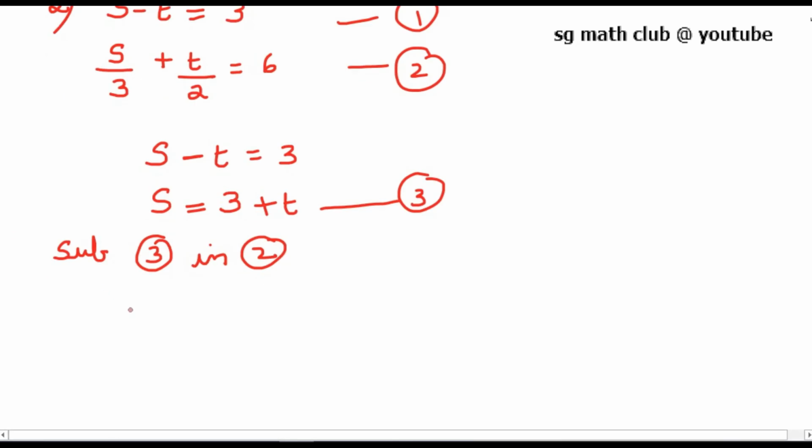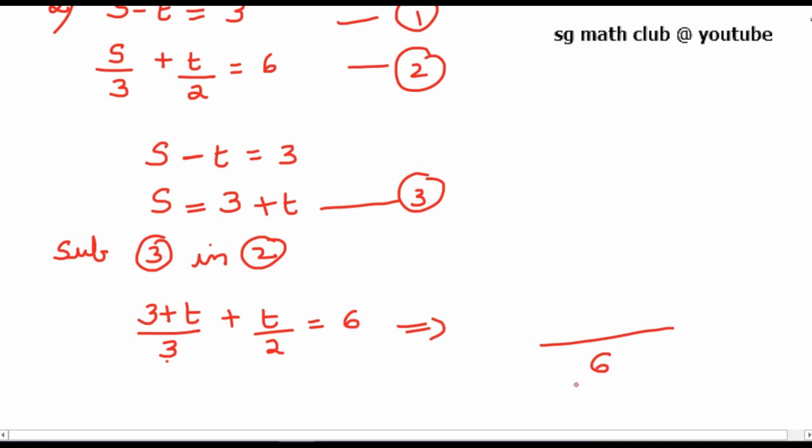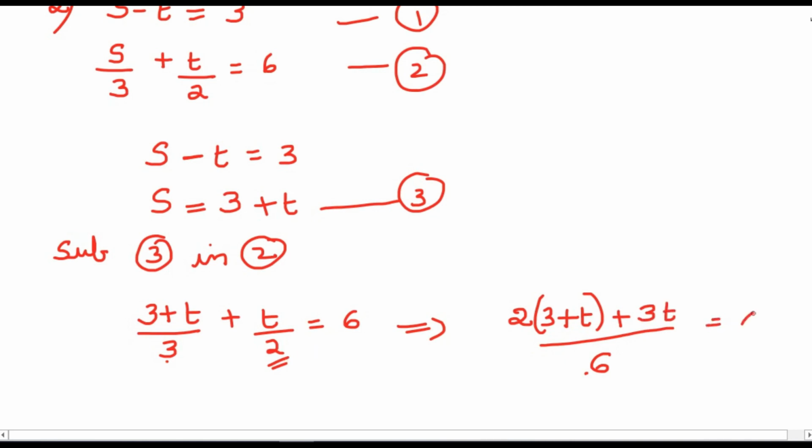So we have (3 plus t) divided by 3 plus t by 2 equal to 6. Now the LCM of 3 and 2 is 6. What should you multiply with 3 to get 6? 2. The same number you have to multiply in the numerator also. So 2 into (3 plus t) plus, what should you multiply with 2 to get 6? 3. So the same number you multiply, equal to 6.